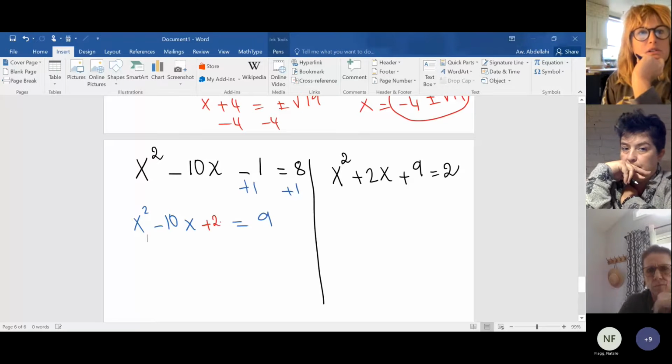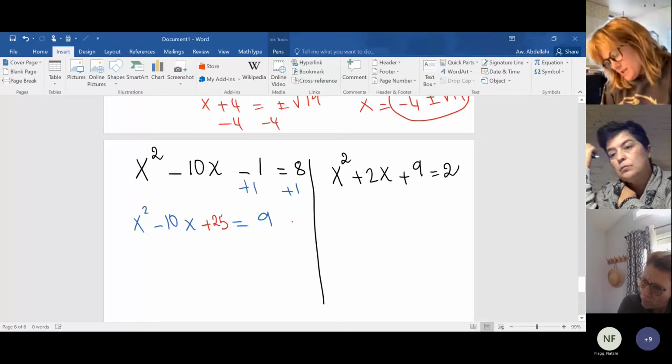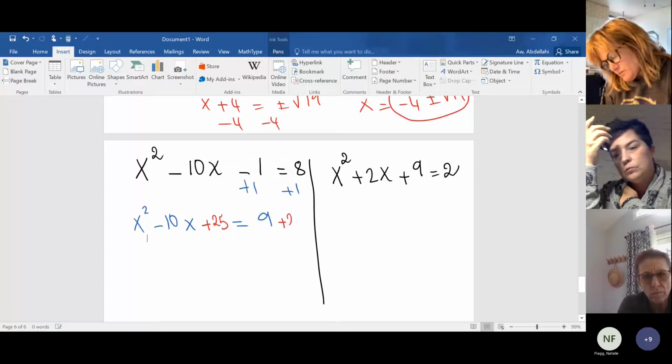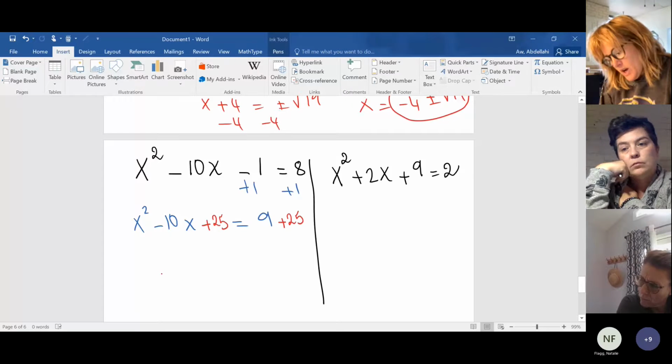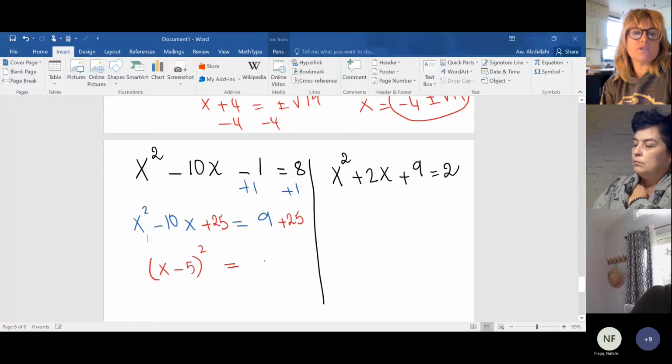Yep, 25 here. I'm going to need to add the 25 on that side. Yep. This is right. And so I know x² - 10x + 25 is (x - 5)². Thank you. This is right. And equal to what? 34.